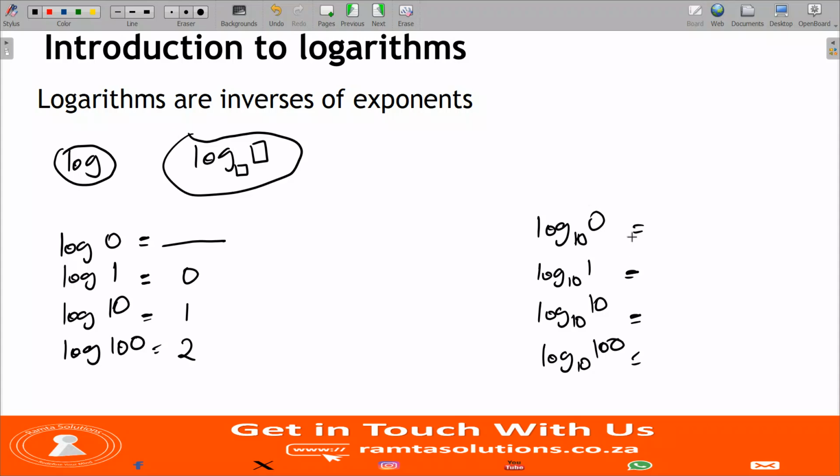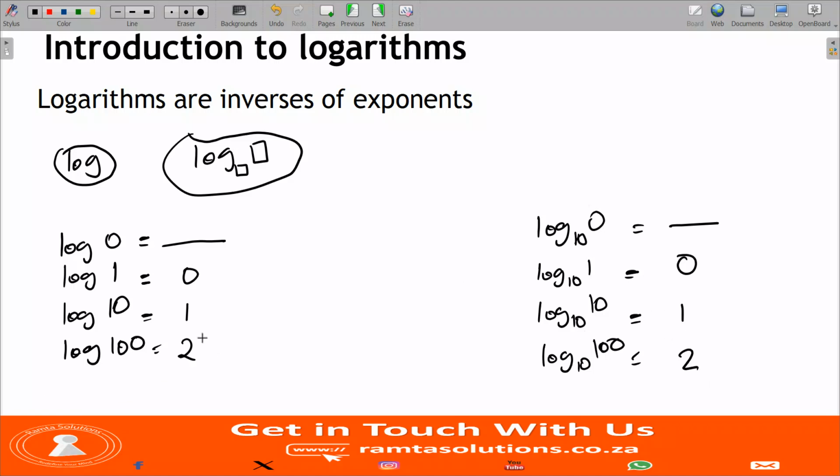Now let's look at these ones here. Log 0 base 10: again, your calculator returns an error. Log 1 returns 0. Log 10 returns 1. Log 100 returns 2.